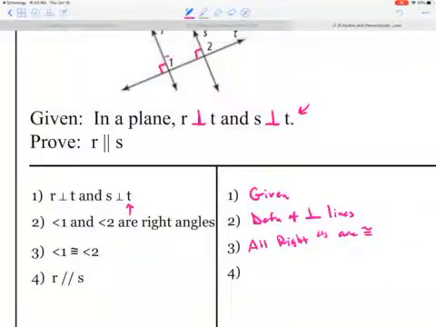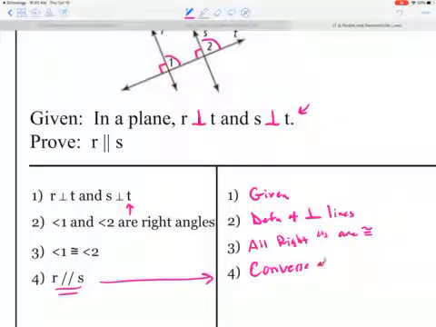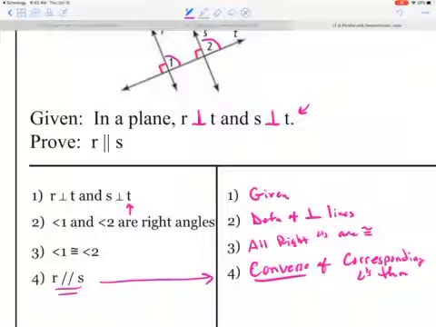Now that I've established 1 and 2 are congruent, you can see that they're corresponding angles. So I can prove that lines are parallel by the converse of the corresponding angles theorem. I've established that the corresponding angles are congruent, so by the converse I can say lines are parallel. And that's our proof.